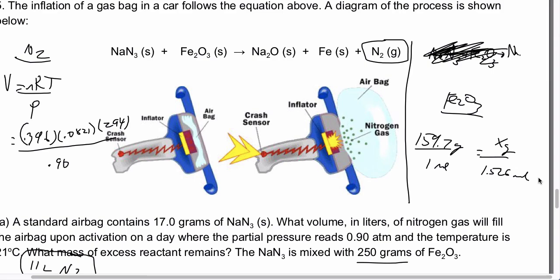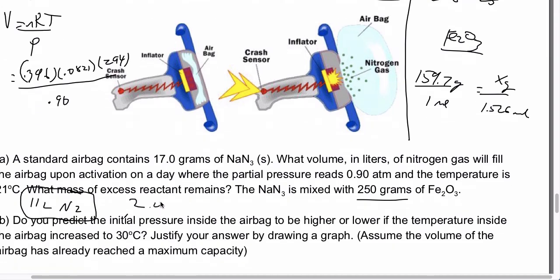So 2.4 times 10 to the second grams of Fe2O3. All right.